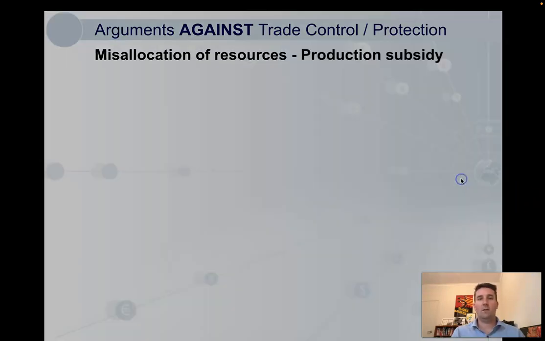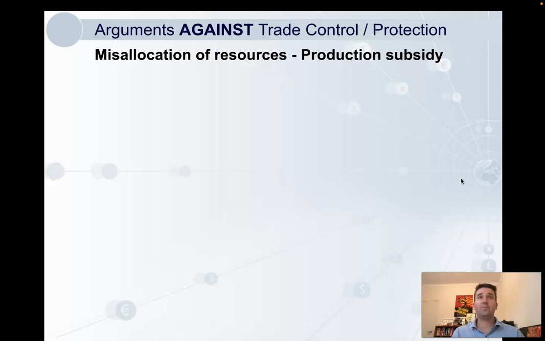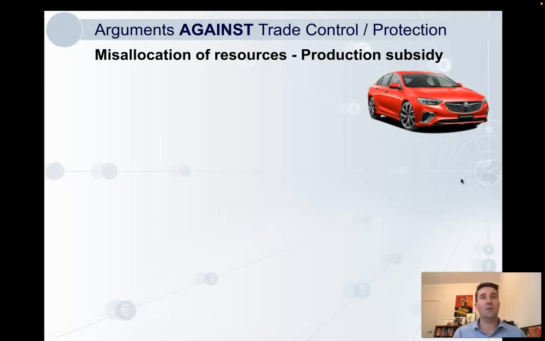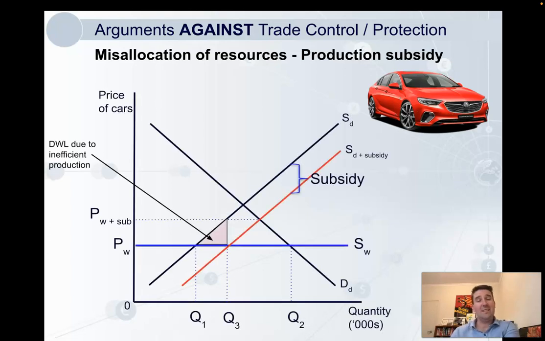Now, a production subsidy. So cars in Australia, misallocation of resources due to a production subsidy is only this area. So we don't have the misallocation due to consumers not consuming the same quantity. That's because the price stays the same with this type of trade protection. What we have is the mix of production changing.